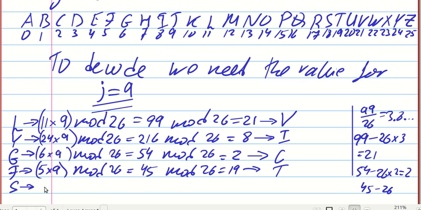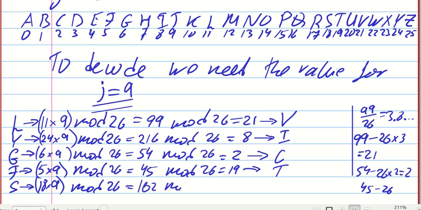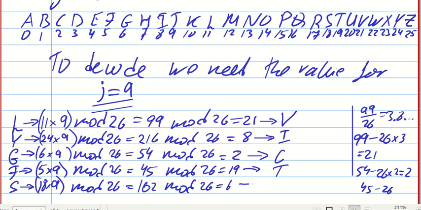S is 18. 18 times 9 mod 26. So we do 18 times 9 is 162 mod 26. So we divide by 26. So we know 6 times. So it's 162 minus 6 times 26. So we're going to get 6. And number 6 in the alphabet is S?